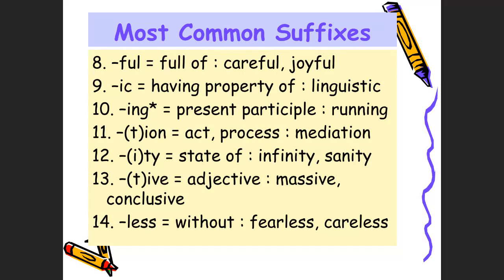Again, with -full, that is full of, for example, careful or joyful. With -ic, having the property of, for example, linguistic. With -ing, that is the present participle, the gerund of the verbs.